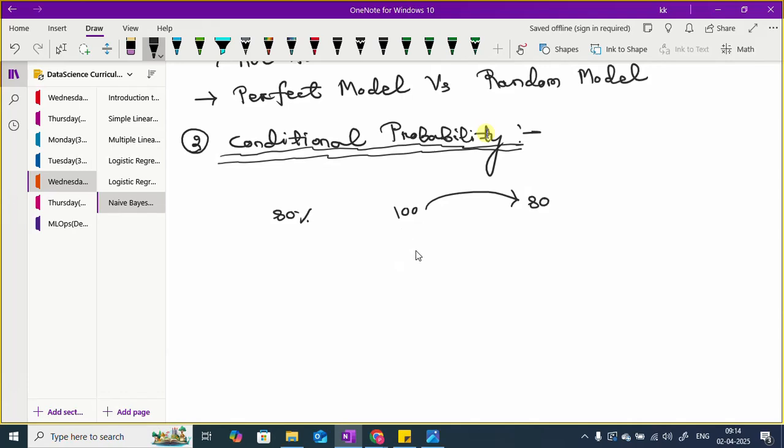Let's say Shyam secured 75 percent in physics. It means out of 100, Shyam secured 75 marks. So whenever I'm telling percentage, it is out of 100.